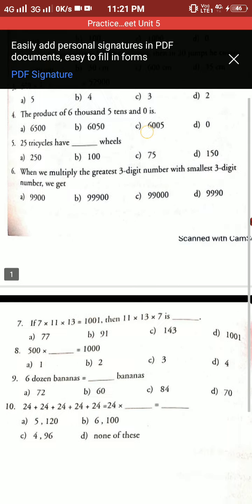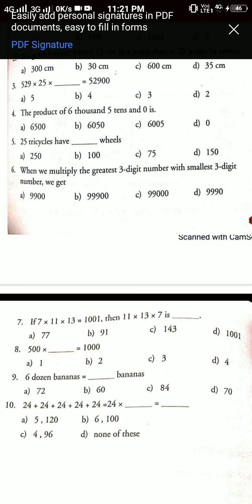The next one is, when we multiply the greatest 3-digit number. What is the greatest 3-digit number? 999. The greatest 3-digit number is 999. And we multiply the greatest 3-digit number 999 with the smallest 3-digit number, which is 100.